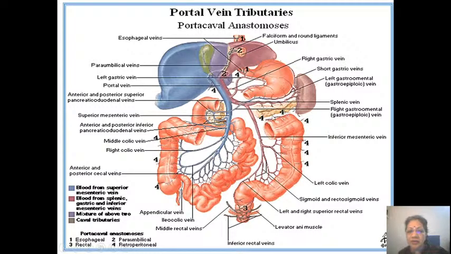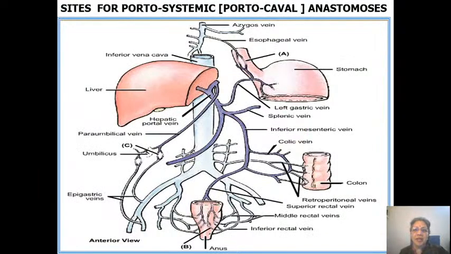Also here at the pancreas. Also here there may be some body wall veins at the posterior side. So these are the retroperitoneal veins which will form multiple areas of thin anastomosis between caval and portal systems.